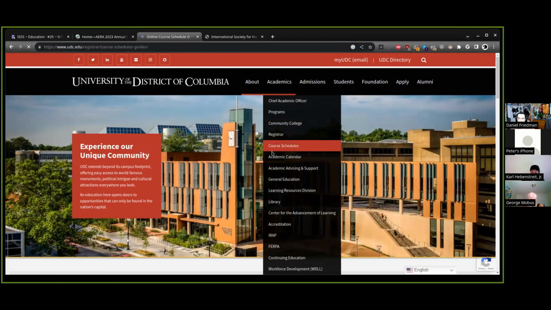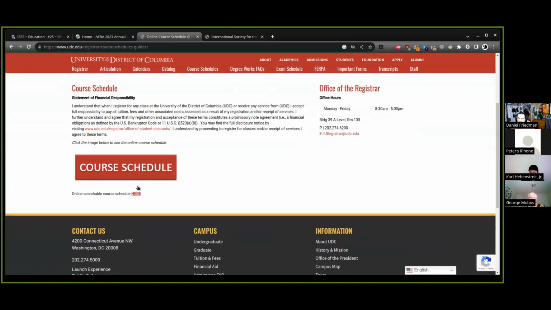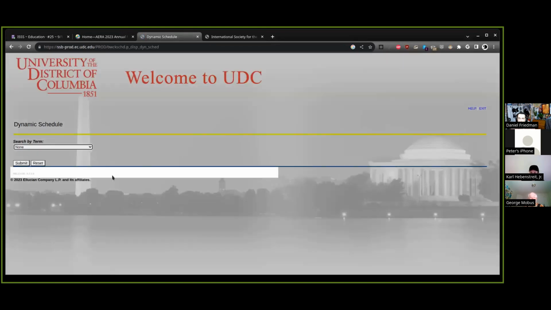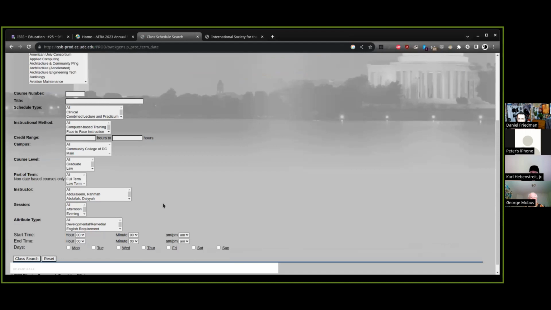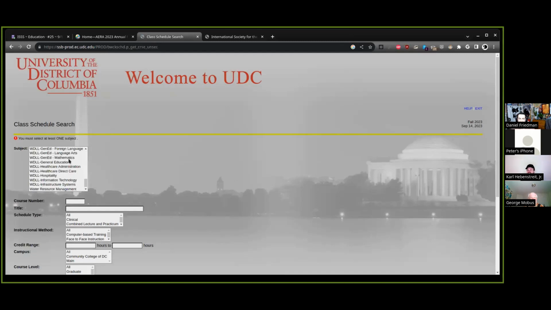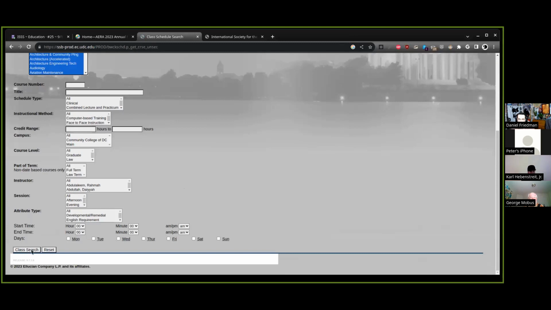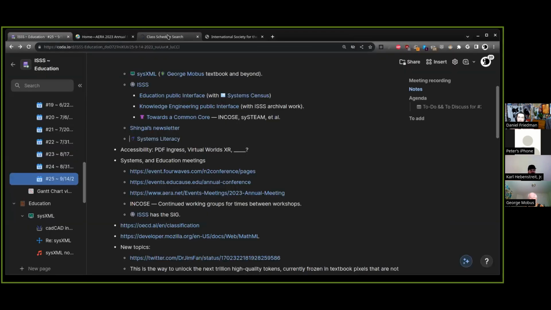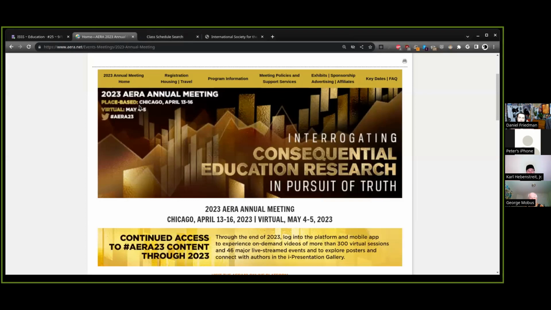Let's see if there's a systems class. This one also looks to be in person, also in Chicago, and then two weeks later, or at least it was in 2023.